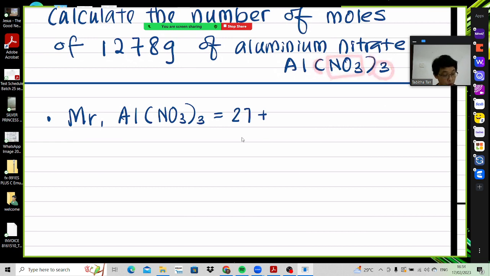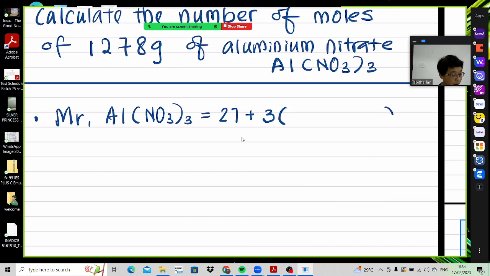So to make our calculation easy, I will just take 3 and wrap it up with a bracket, and then put in the NO3 inside. Now the Ar for nitrogen, we have seen that just now, 14. And plus, how many pieces of oxygen? 3. And we just put 3. Oxygen, we read from the periodic table, was 16.